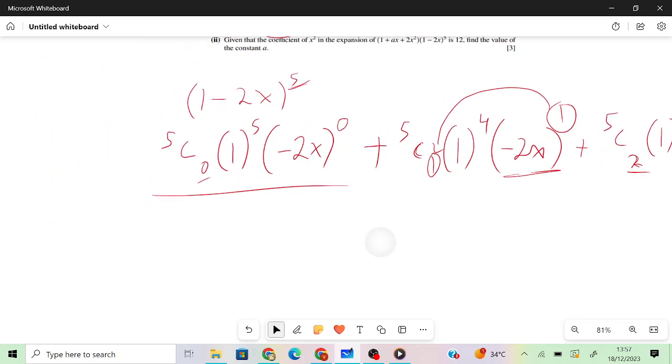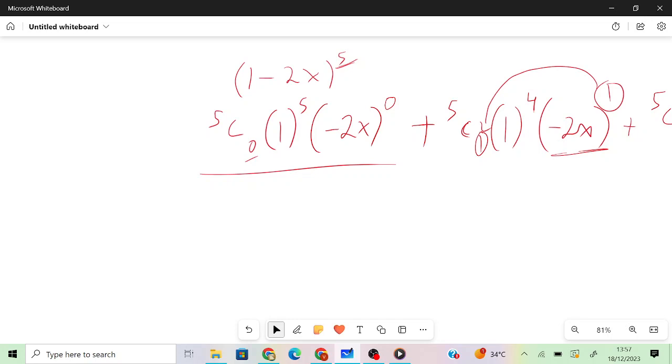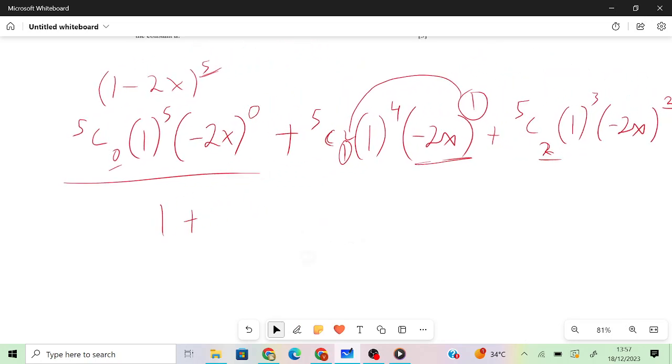Now we can go ahead and plug these values into our calculator. Doing the first part here, 5 combination 0 is 1, times 1 to the power 5 is still 1, and minus 2x to the power 0 is 1 as well. So all of this gives us 1, plus 5 combination 1 times minus 2x. 5 combination 1 is 5, times 1, times minus 2x.